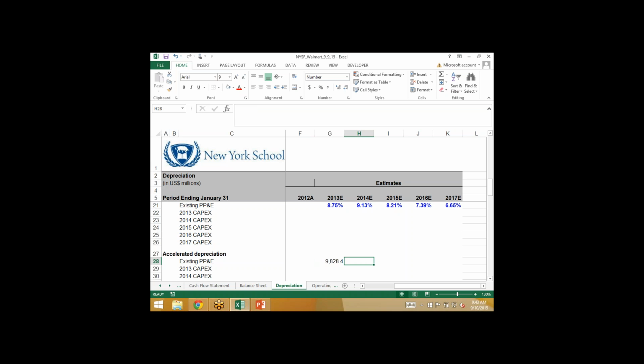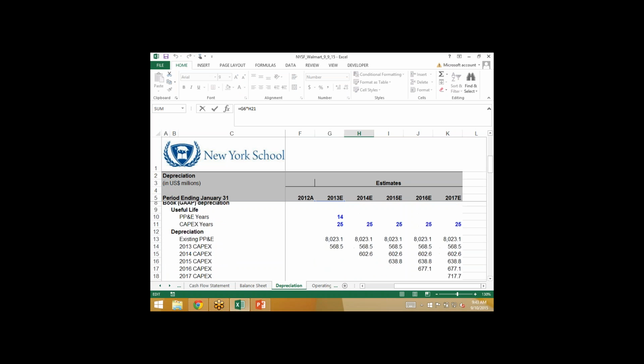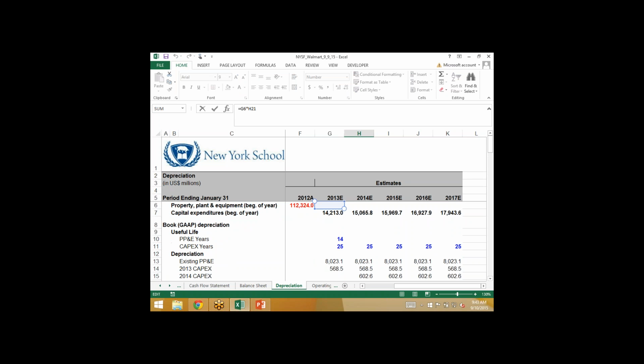Next year, we multiply the net value, the 112, the same core value that we're using, times 9%. And so what you can do is, if you copy to the right, you'll have a little bit of a problem. It's okay because you're multiplying by 9%, but the reference to the 112 has shifted. So we want to anchor just half the formula. We want to anchor only the reference to the 112.